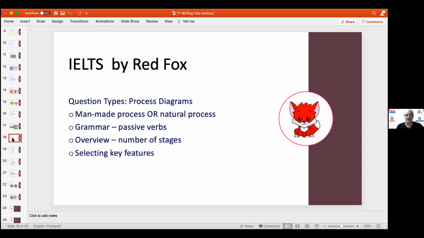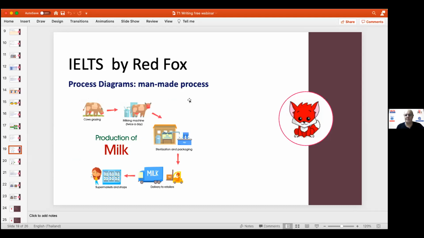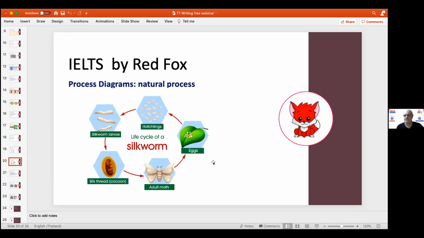Now, process diagrams, again, relatively straightforward like the maps and plans. The first thing to decide is, is this a man-made process or a natural process? This one would be man-made, production of milk. This one would be natural, the life cycle of a silkworm.